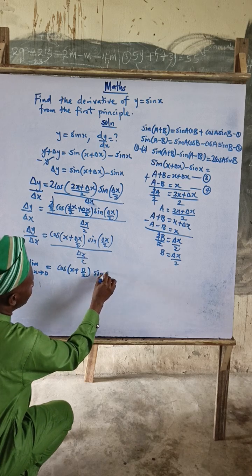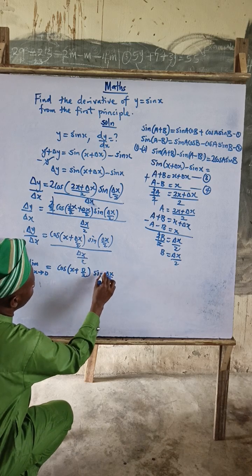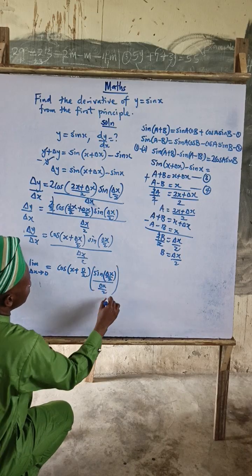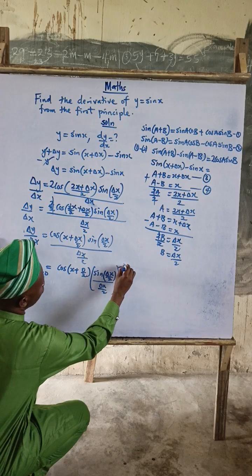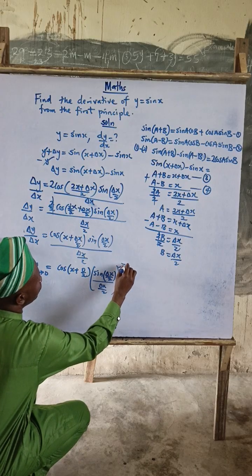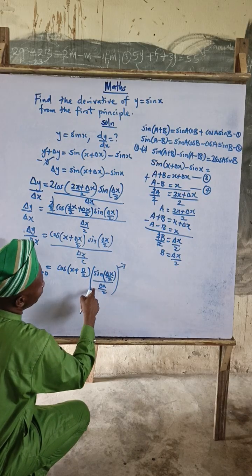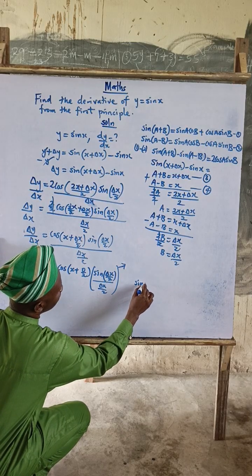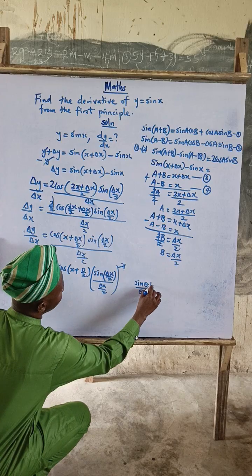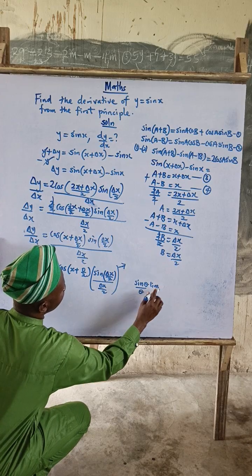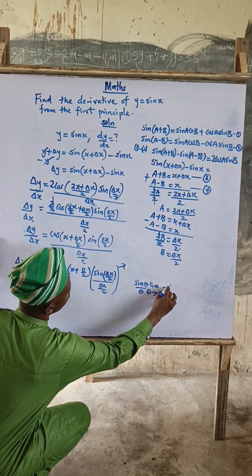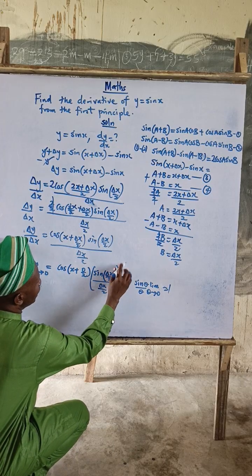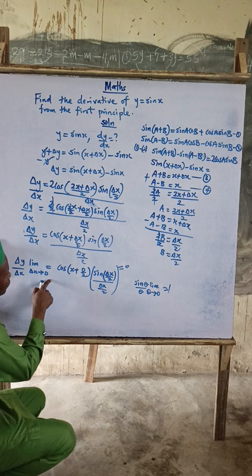Remember my previous video, where we were asked to show that the limit of sin theta over theta as theta tends to 0 equals 1. So therefore this equals 1 as delta x tends to 0.